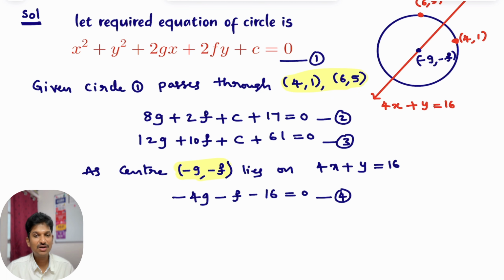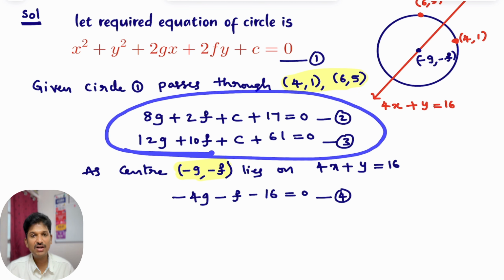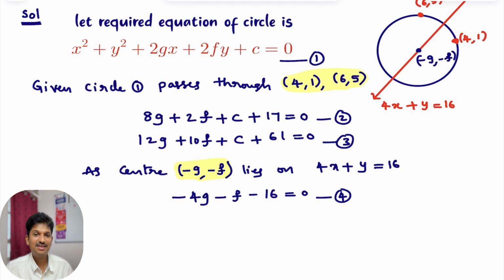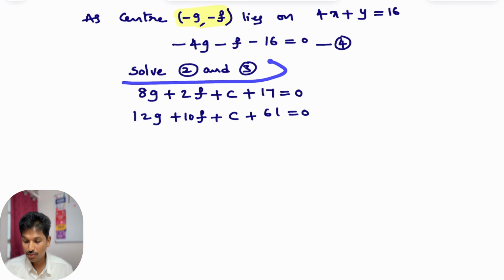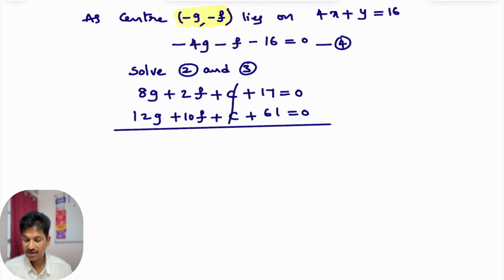Okay. So first what I'll do, I'll solve equation 2 and equation 3. I'll cancel the C term. See, when I subtract, this C will get cancelled, right? When we subtract, this plus sign changes to minus, plus sign changes to minus. Like this you will get 8G minus 12G, that is minus 4G.